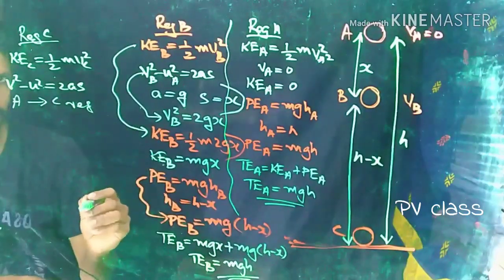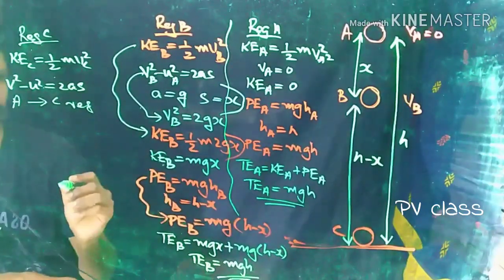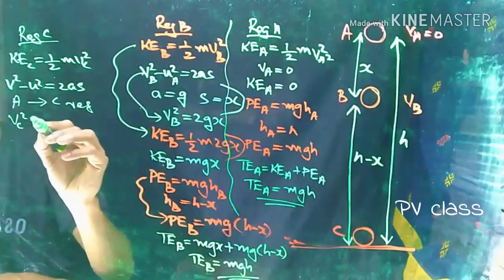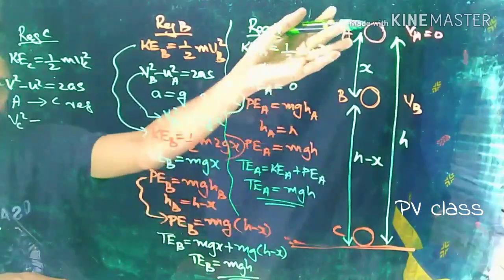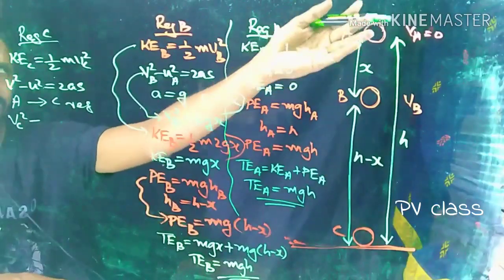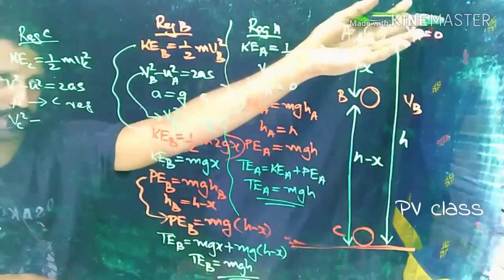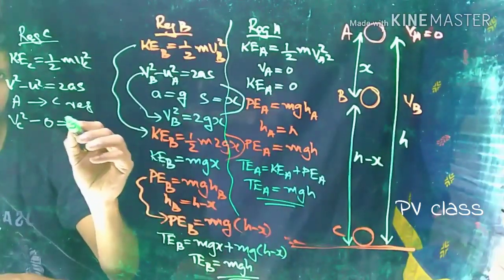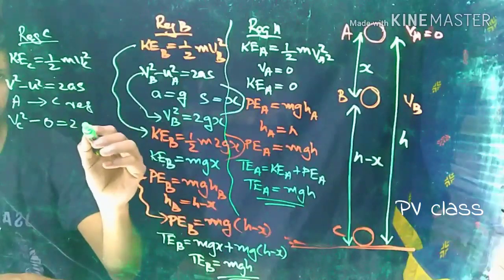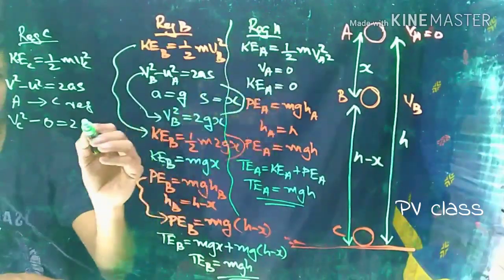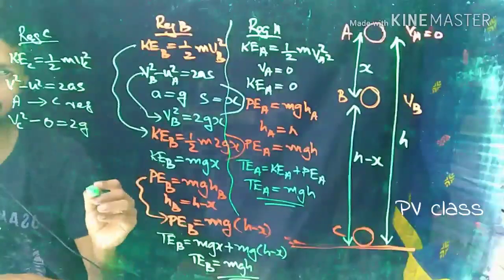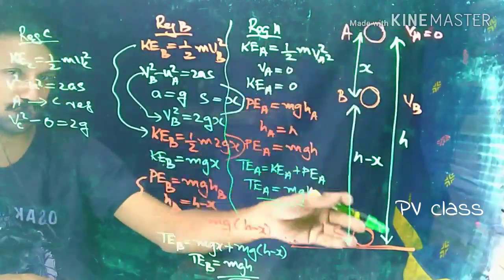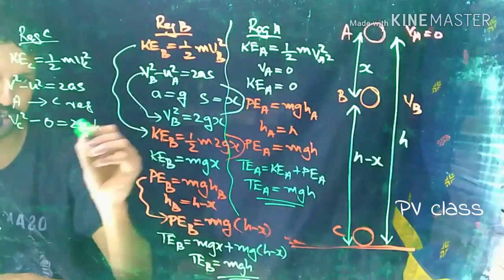Instead of V square, it is the final velocity square, that is Vc square, minus, instead of U square, the initial velocity square. Initial velocity Va square is 0. Therefore, I am writing 0 is equal to 2 into a. What's a? It is a freely falling substance, so a is g, into s, the distance from A to C. A to C distance is h.